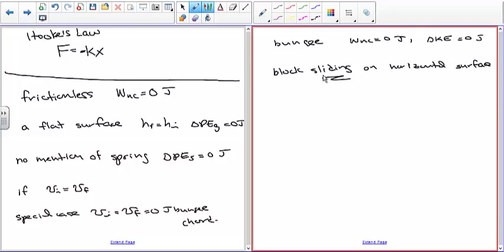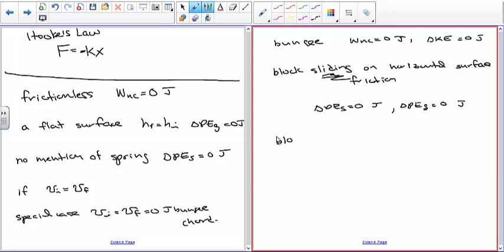So when you've got it sliding and there's friction, then in that case, because there's no mention of spring, the spring potential energy equals 0, and there's no change in gravitational potential energy because it's flat, horizontal. So you get rid of those 2.